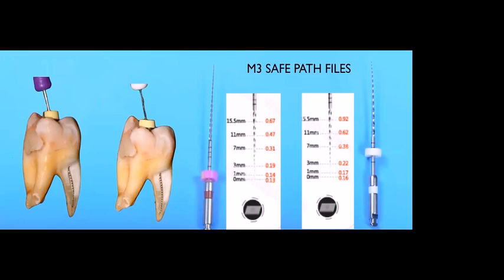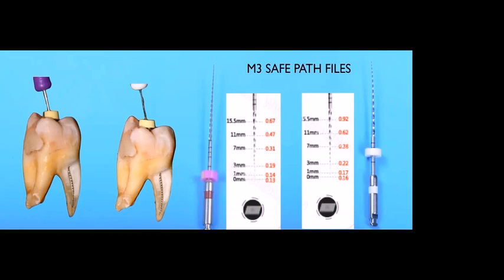Glide path is to obtain an easy, predictable, smooth path from the orifice to the apical terminus with a 15 hand file. If we can use a 15 hand file easily to the terminus, in a predictable manner, it means that we have glide path.